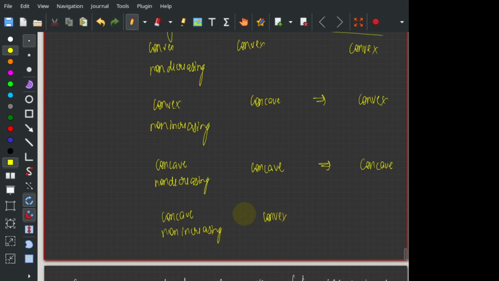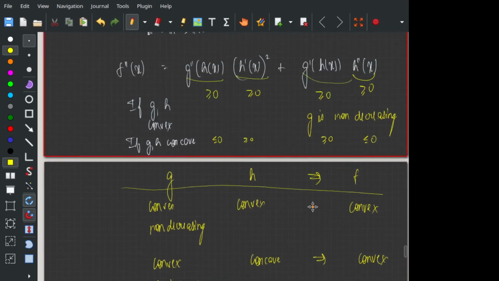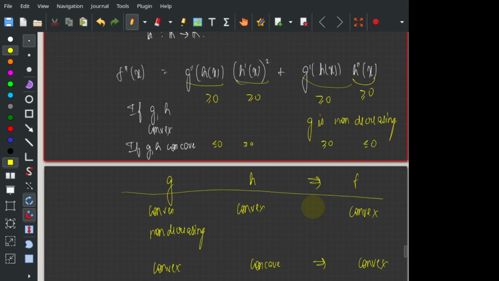This is convex. What can you say about the resulting function? It's going to be concave.